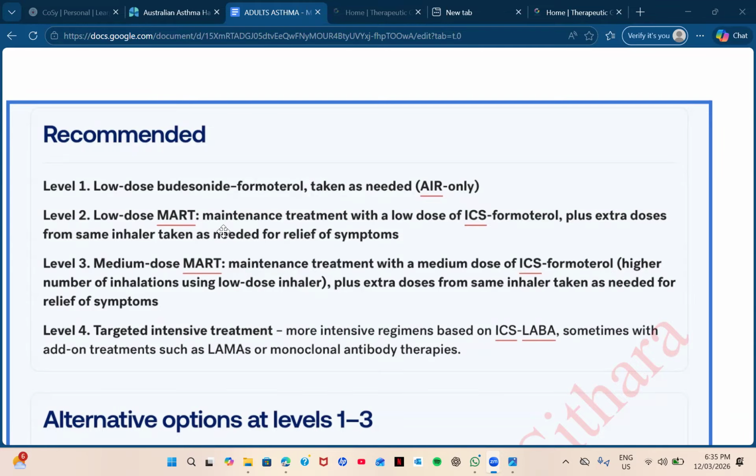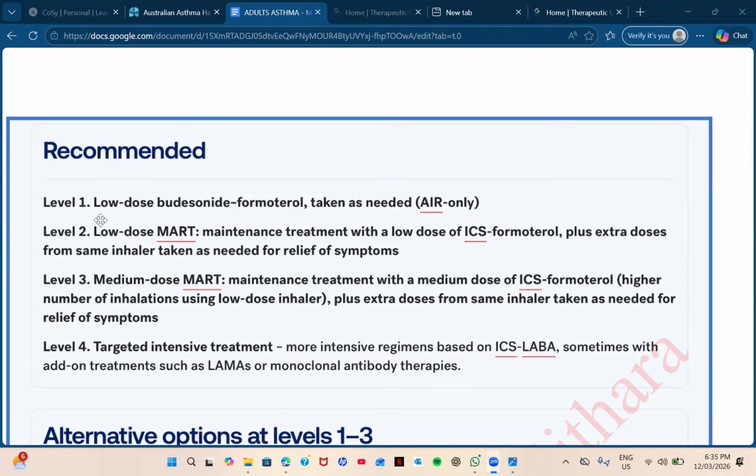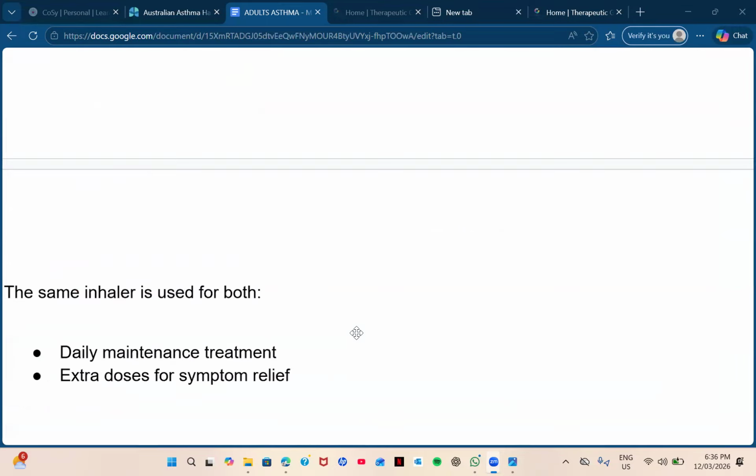At level 1 we use low-dose budesonide formoterol as needed, but in level 2 we use it as continuous maintenance therapy, plus an extra dose from the same inhaler when there are acute symptoms, like acute wheeze or acute shortness of breath. I'll show.